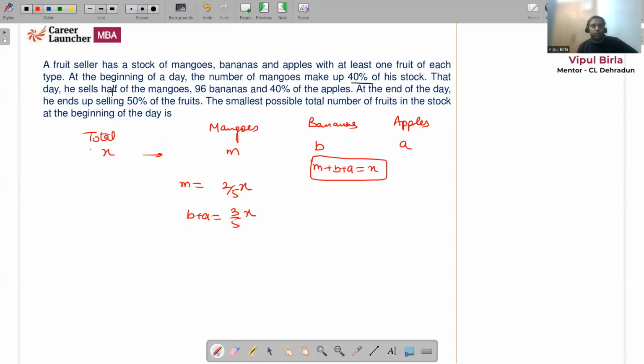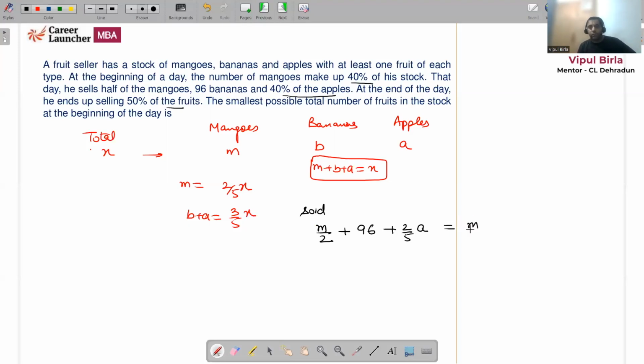Now what he has done is he sells half of the mangoes, that means 50% of the mangoes is sold, 96 bananas, and 40% of the apples. At the end of the day, he ends up selling 50%. So what he sold is M/2 plus 96 bananas plus 40% of the apples, that is 2 by 5, and this is equal to total 50%.